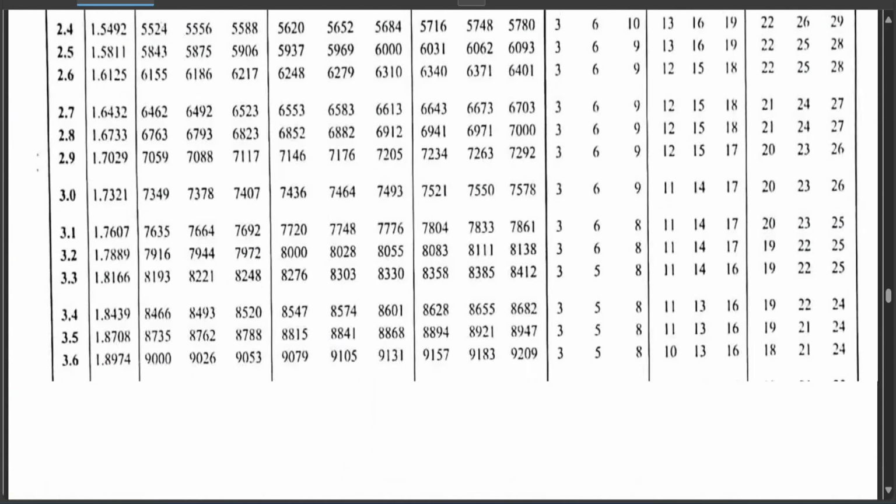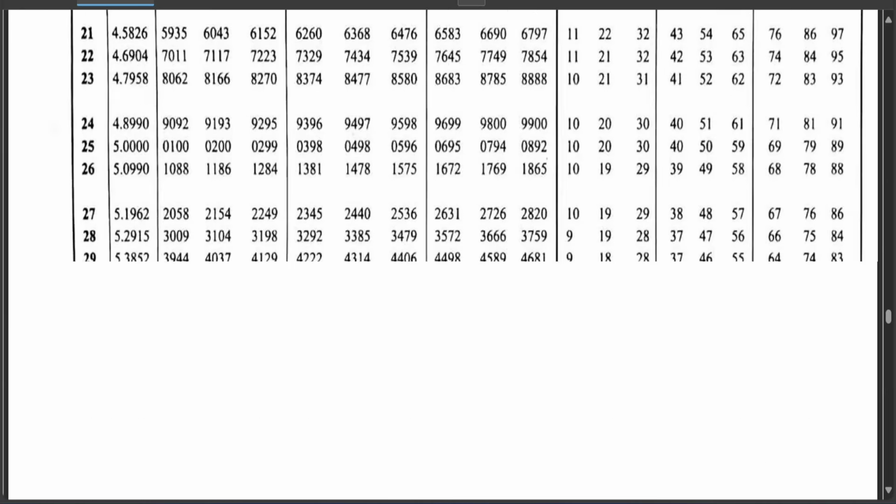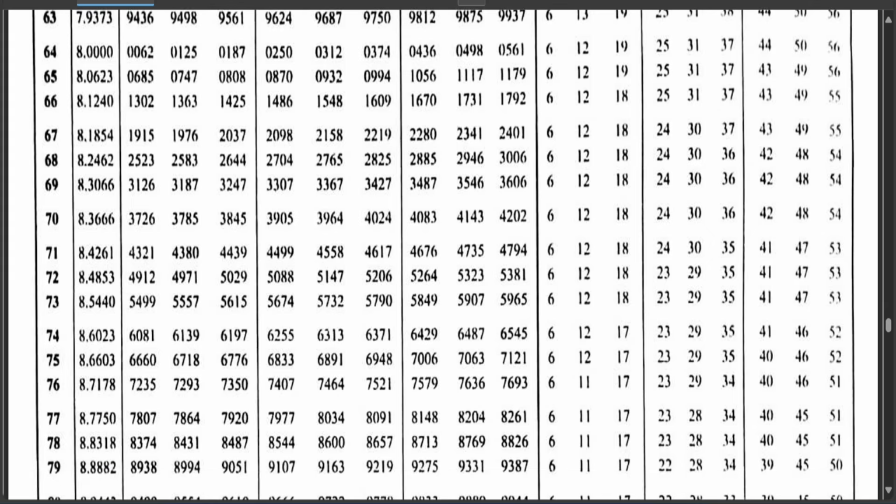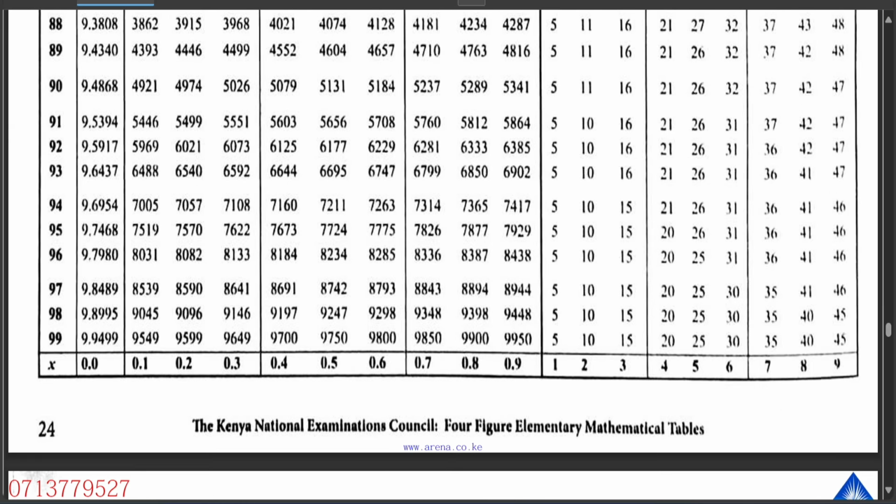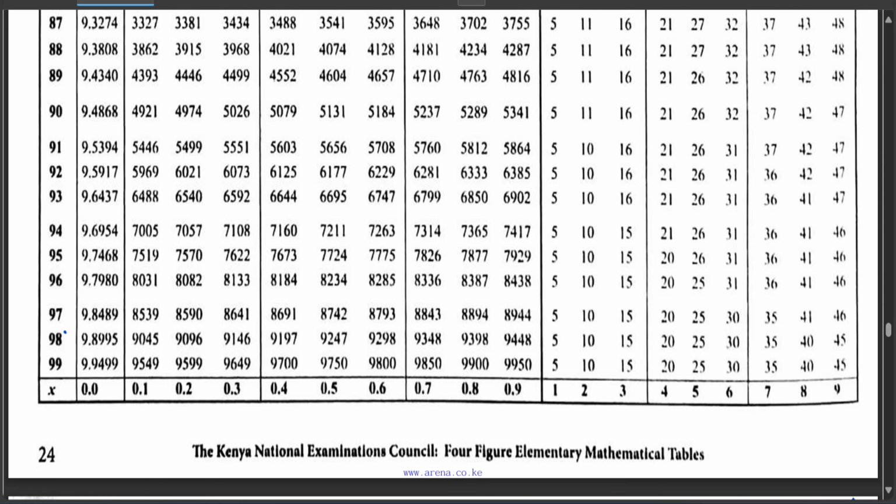So let's come here. It's a long table. So 98.4. So this is 98.4, and then 1, 2, 3, 4. So therefore, you'll be taking 9.9045, add 30 to it.